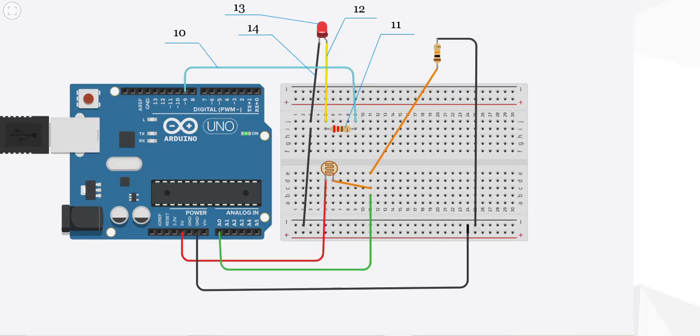We connect one leg of the resistor with digital pin number 9, and the second leg is connected to the anode of the diode, and the other leg of the diode must be connected to ground.